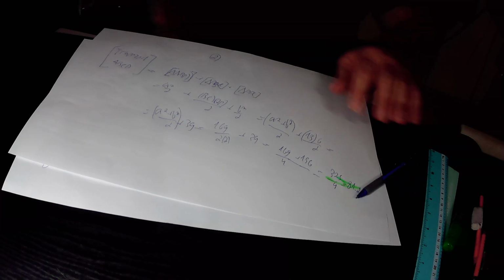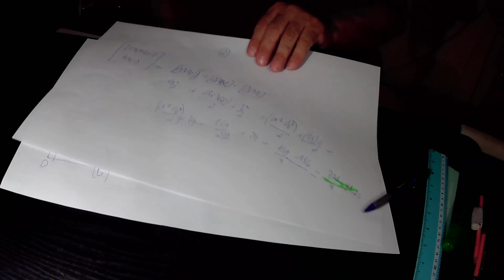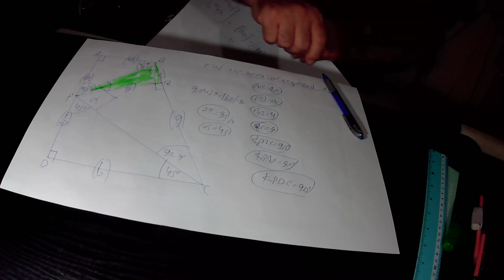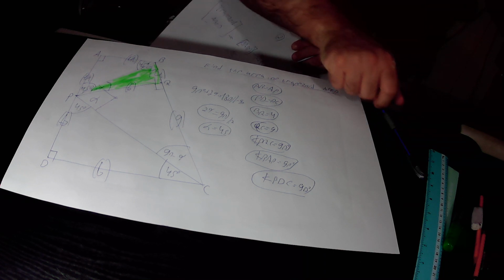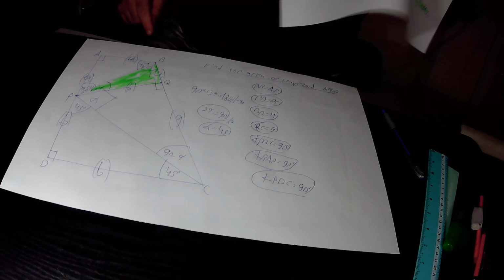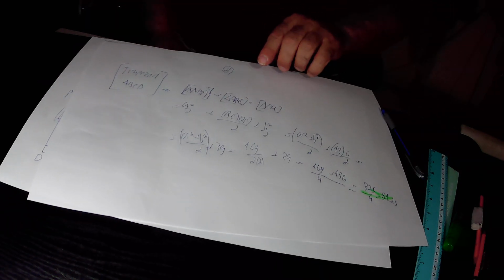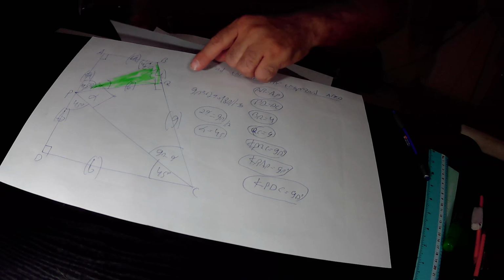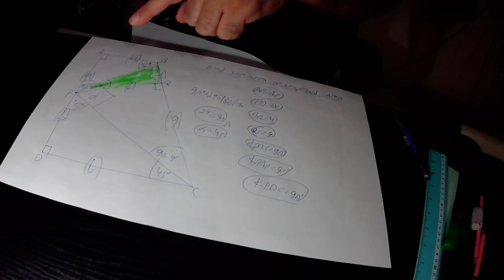Okay. So what is the area of this triangle ABP? The area of this triangle equals the base times the height over 2. The base is AB, the height is AB, so it is A times A over 2, that's A squared over 2, plus the area of the big triangle PBC.